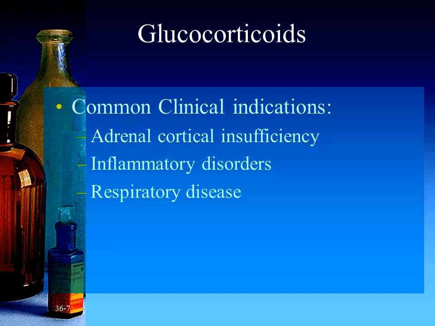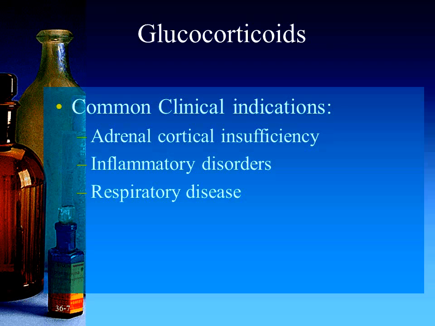So, now that you know how they do that, what would be the primary reasons that we would use a glucocorticoid? In other words, what are the common clinical indications for glucocorticoids? Glucocorticoids such as prednisone are really used for a wide range of inflammatory disorders.